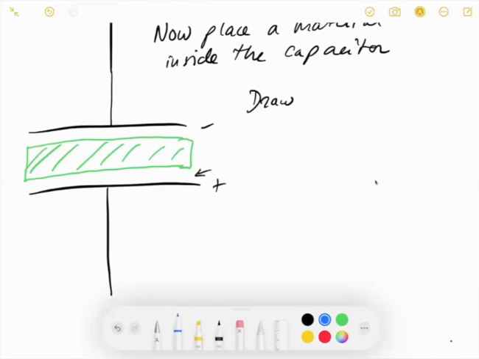So draw E, and then also draw the field E in that region where that material is placed, the green material, and then also draw P and draw sigma polarization in this setup.